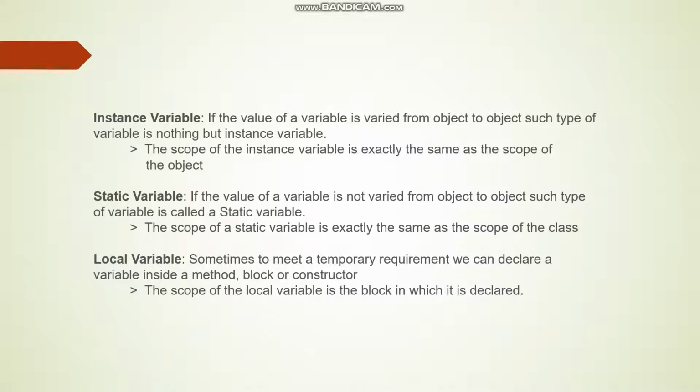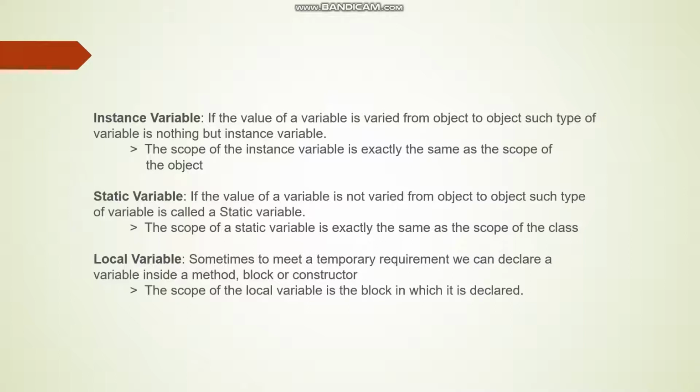We can also conclude that classes are stored in the method area, so static variables are also stored in the same memory area, the method area. Okay, static variable is very easy. It is included in the scope only of the class. Okay, nothing else.